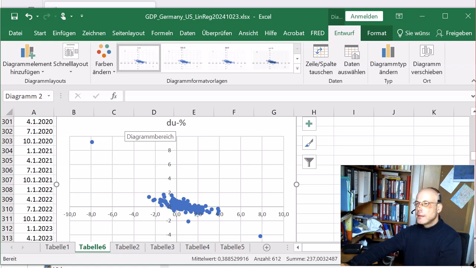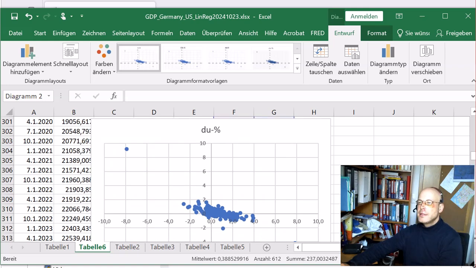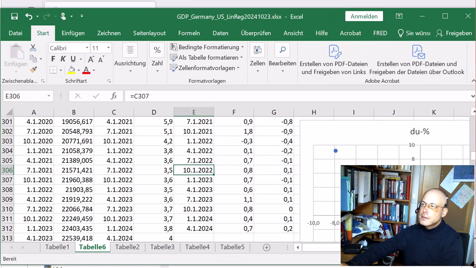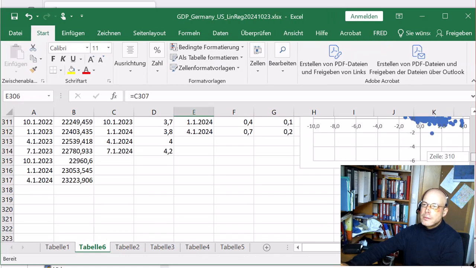And if you remember, during Corona, especially the growth rate really jumped up and down just following the epidemical waves. Let's see if I am right that this was Corona.